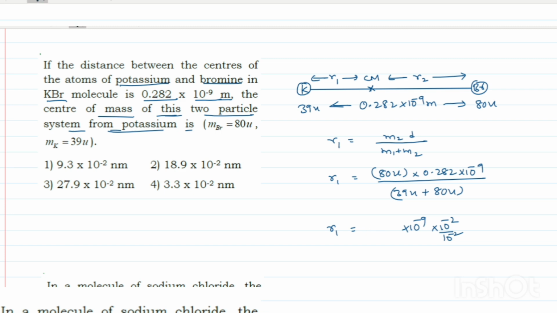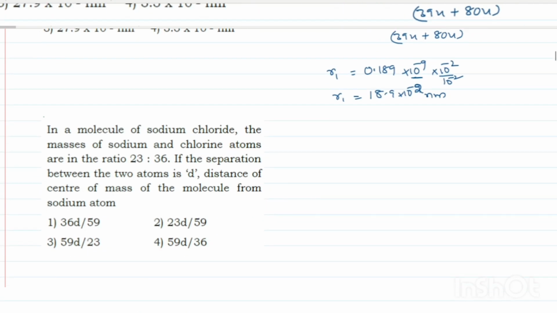Initially you get 0.189, and then R1 value, when you multiply and divide, is 18.9 into 10 power minus 9. Taking 10 power minus 2 out, you can write 10 power minus 9 as nanometer. So 18.9 into 10 power minus 2 nanometer is the correct answer.